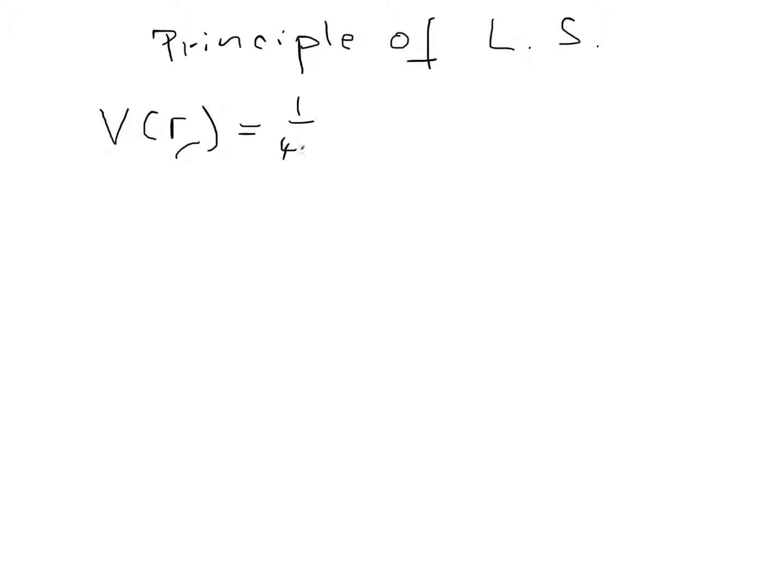Now, because of the principle of linear superposition, as with fields, potentials of individual charges also add up in a linear fashion, so that for several point charges the potential V of r is 1 on 4 pi epsilon times the sum over all those point charges, Qi divided by the respective separation magnitudes, r minus ri.